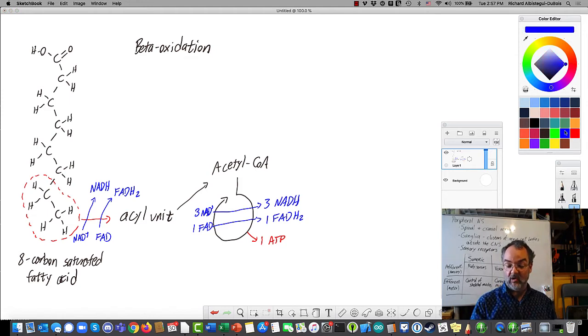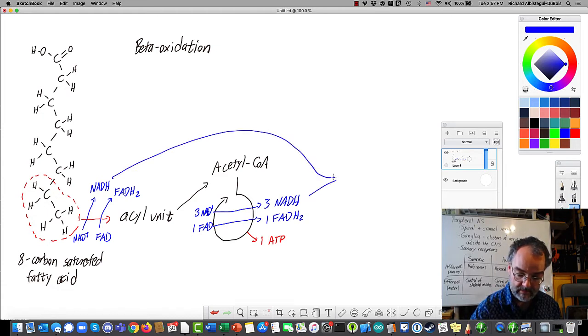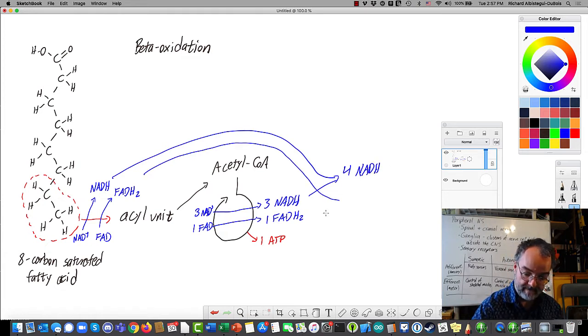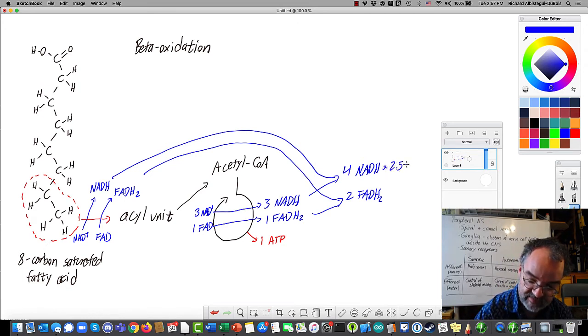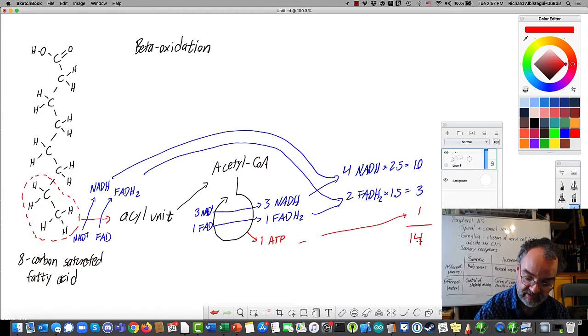And we can now take all of the NADH and FADH2 we've made, so that's now 4 NADH and 2 FADH2s, and put those through oxidative metabolism. So remember, that gives us 2.5 ATP each here, so that's 10. 1.5 ATP each here, that's 3, plus the 1 ATP gives us a total of 14.